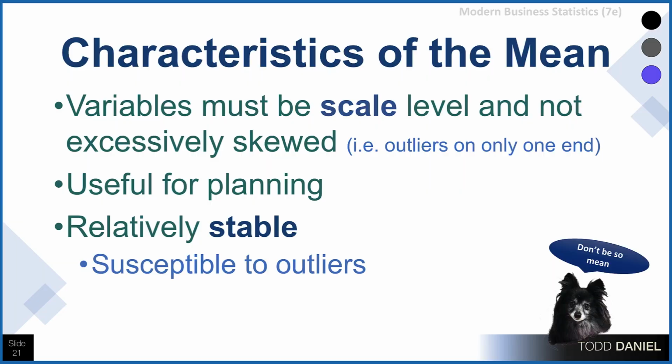Even though no individual family has the mean number of children, knowing the mean can be useful for planning for the future. And although the mean is relatively stable, it is susceptible to outliers. If we have outliers, we need to consider other measures of central tendency and perhaps report them if they are a better estimator of the actual center of the distribution.